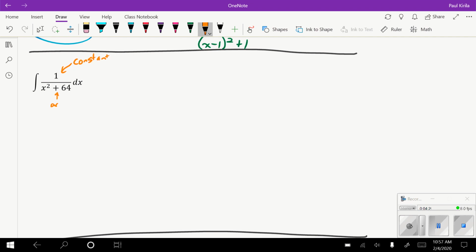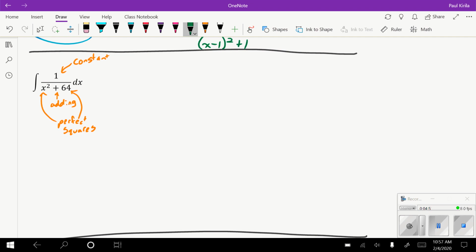I'm adding here, and what I'm adding are perfect squares. We have to do a u substitution in order to make this be the derivative of inverse tangent. And it'd be really nice if this had something involving a 64 in it.